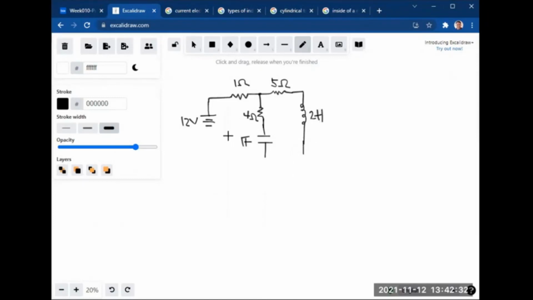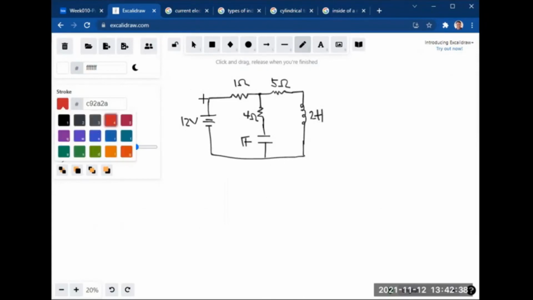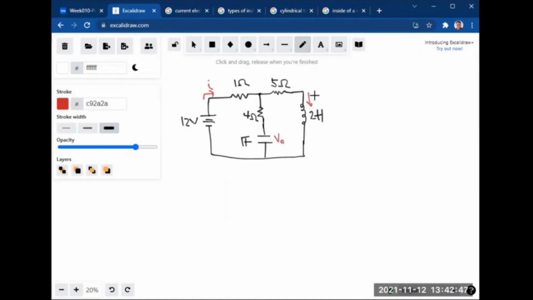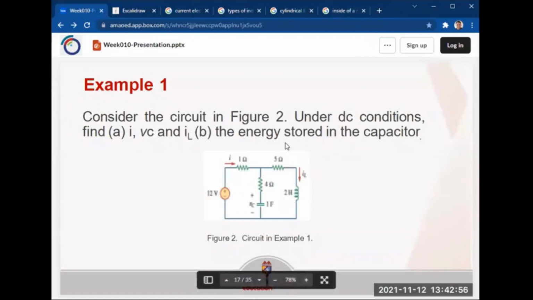We're looking for I, the voltage across the capacitor, and the current through the inductor. And also the energy stored in the capacitor. We might solve for the energy stored in the inductor as well. Let's proceed.